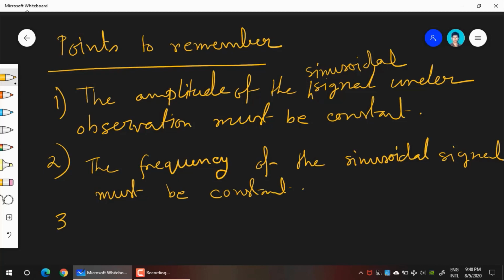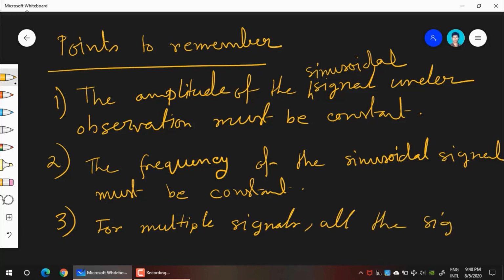And if we want to plot multiple signals, all the signals must have constant amplitude.